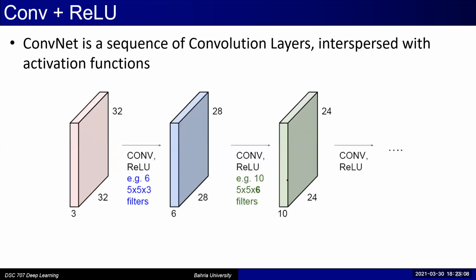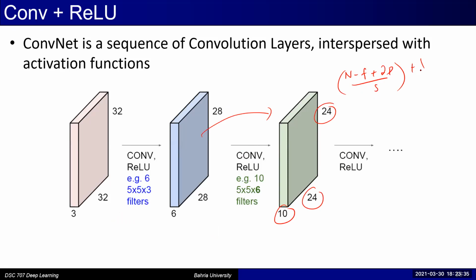Right? So if we apply 10 such filters, without padding, this volume is mapped to a volume of 24 cross 24 cross 10, right? You can do it directly, or in the beginning you can always use this formula, which was (n - f + 2p) / s + 1.